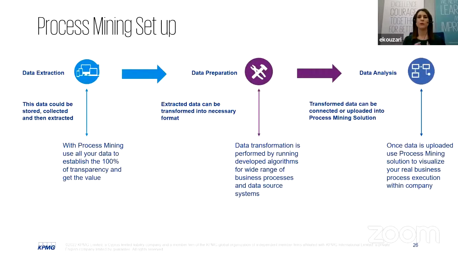So how would we go about setting up a process mining project? We would have to firstly extract the data from the various systems that are used in an organization. We can get all the data that are part of a specific process from every system that is used to complete the process so as to get transparency and get the entire value.